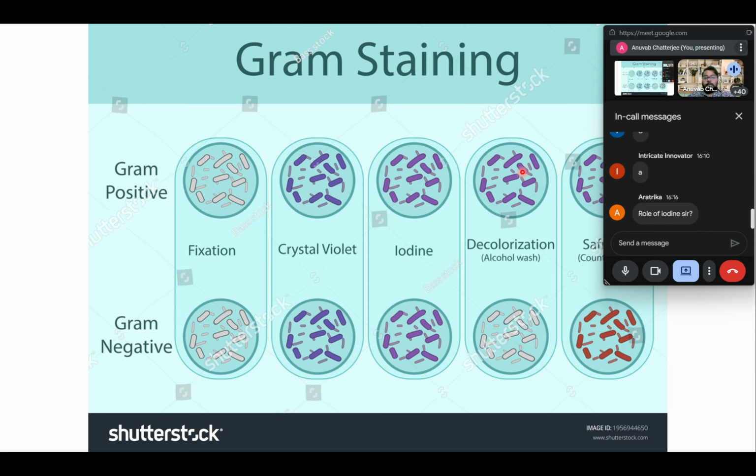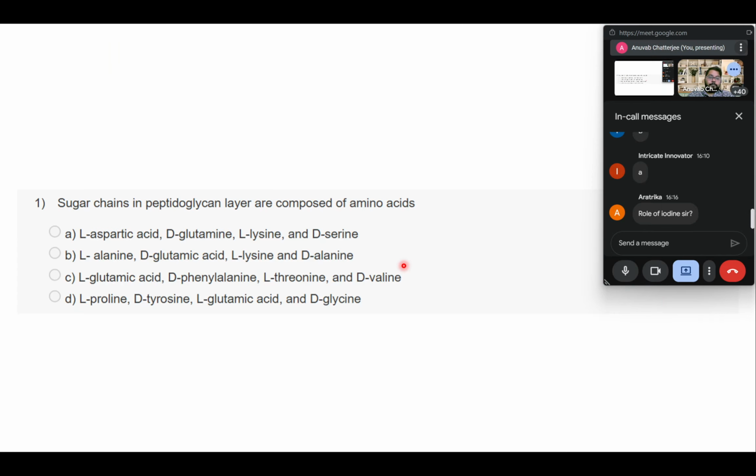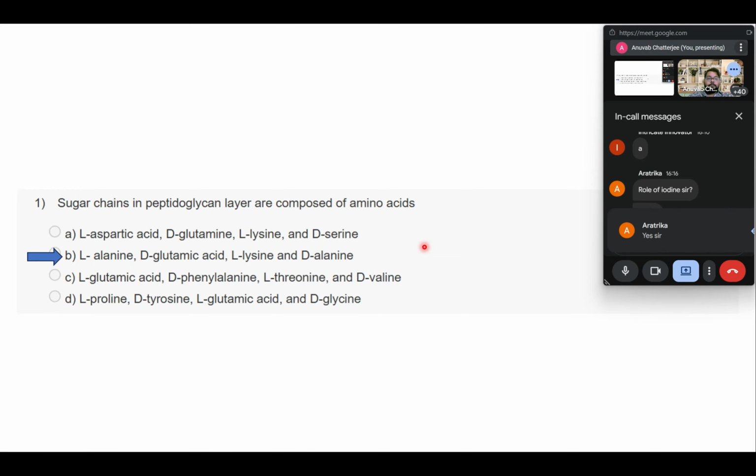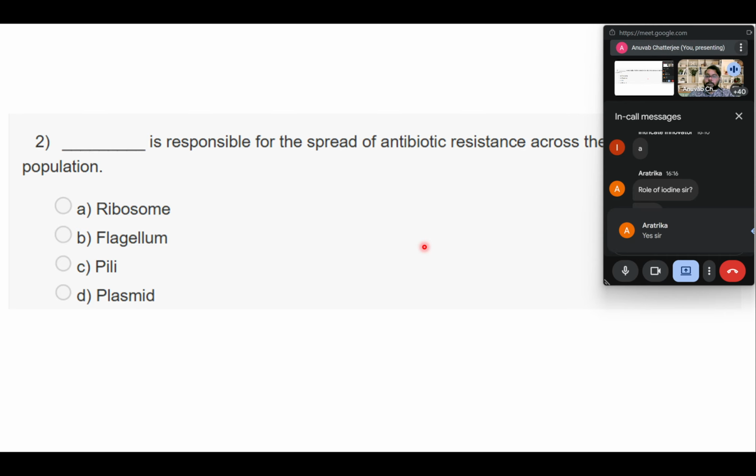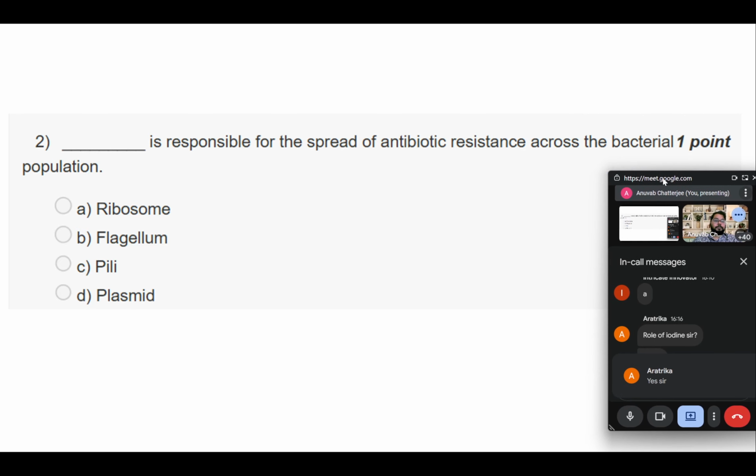Otherwise, the alcohol would still have washed off the stain. Iodine causes it to get fixed on top of the cell wall of the gram-positive bacteria. Is that fine? Okay. If you have no further questions, we move on.